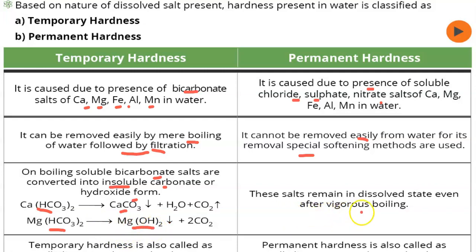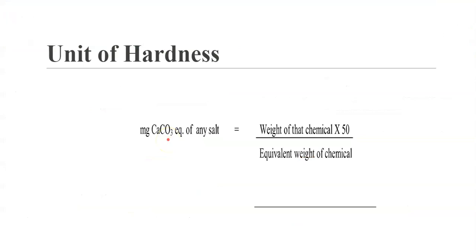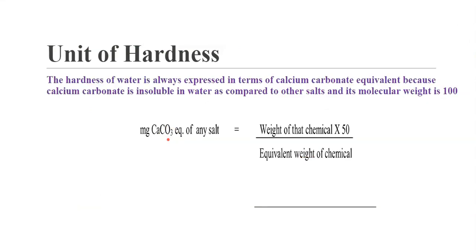In permanent hardness, these salts remain in dissolved state even after vigorous boiling. Temporary hardness is also called alkaline or carbonate hardness, and permanent hardness is also called non-alkaline or non-carbonate hardness. Now, what are the units of hardness?